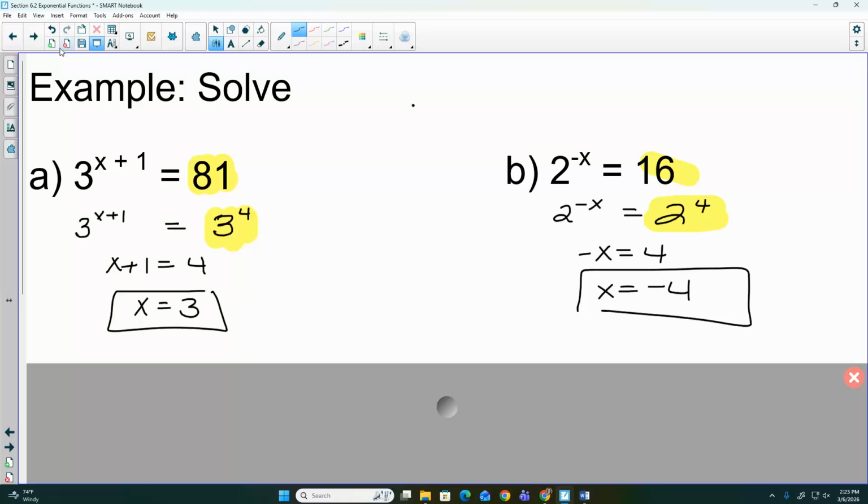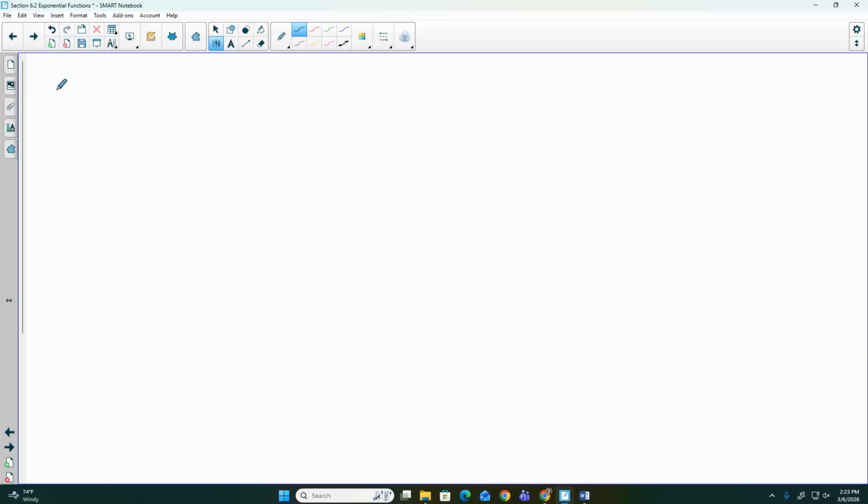All right, let's try another one. What if I said 5 to the x equals 1 over 25.